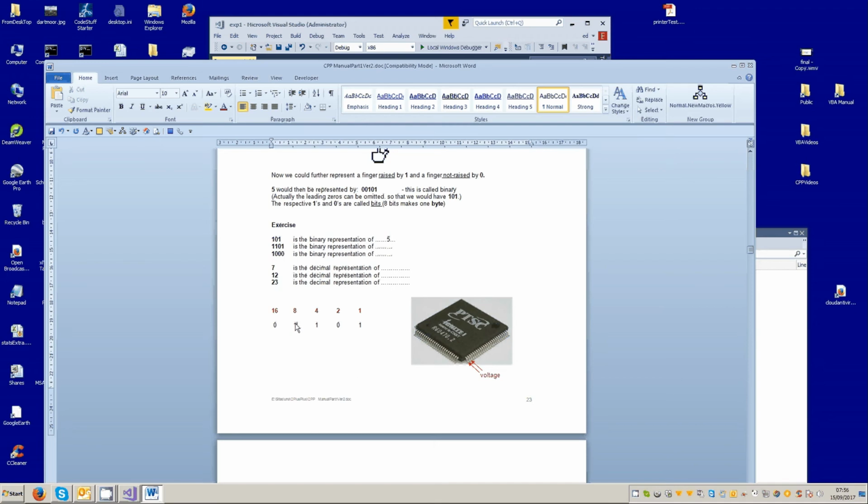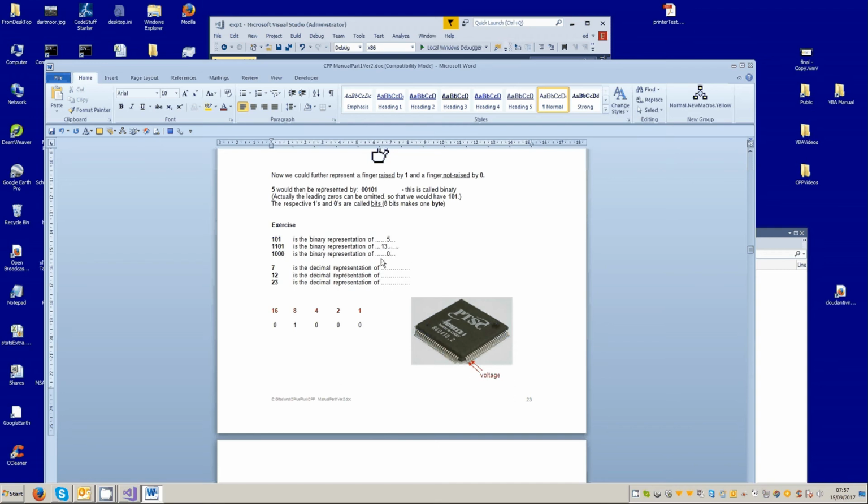You take 8 plus 4, so we've got 12 so far, and no 2s, and finally another 1. So altogether, that gives you 13. Finally, this one here, a 1 and 3 noughts. What does that represent? An 8 and nothing else, so that's just an 8.